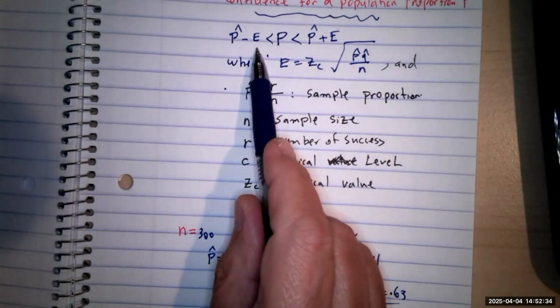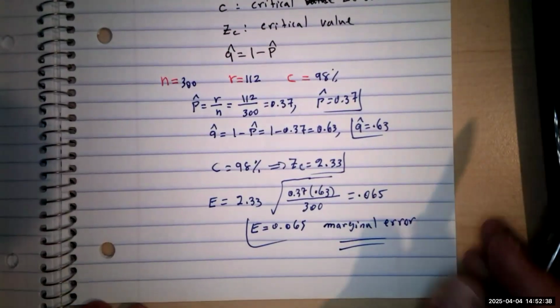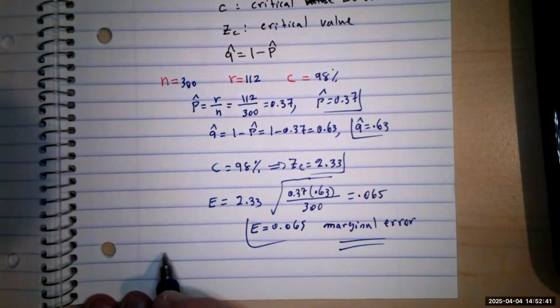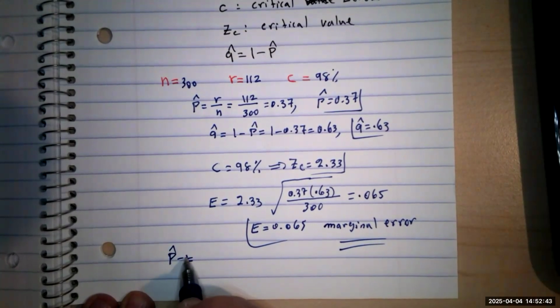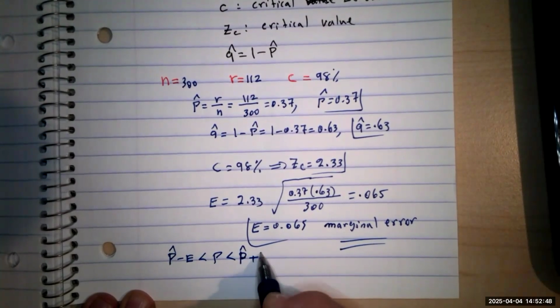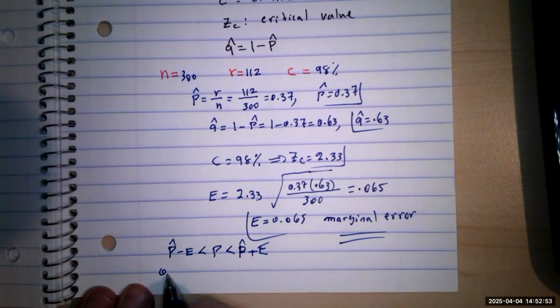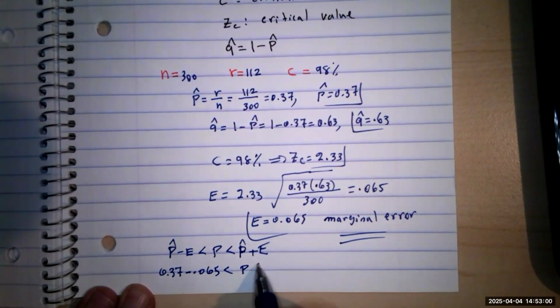So the interval, you substitute, you estimate. You are going to find p hat minus e, which is going to be less than p, less than p hat plus e. You substitute, the p hat is 0.37. So 0.37 minus 0.065 is less than p, which is going to be less than 0.37 plus 0.065.